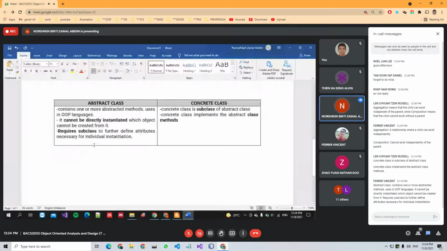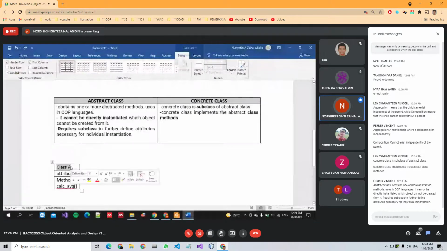class. So for a class, this is our class name. This is our attribute, which can be any attribute. And then this is our method. A method can be a process, or display. So for example, we have this one method that needs to calculate the average.